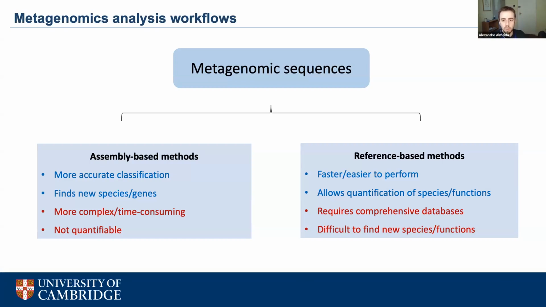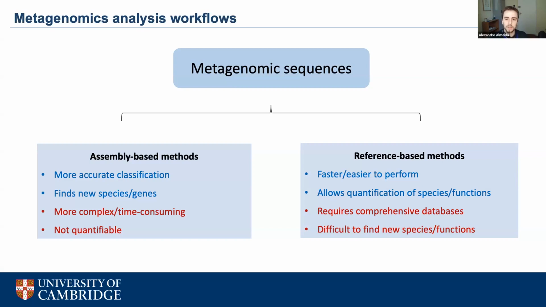They're very valuable because by reconstructing longer sequences, you're able to obtain a more accurate classification of your bacteria. You're able to find new species and new genes that are not represented in reference databases. But a few cons of working with assembly-based methods are that they're usually more complex and time-consuming. There's not one standard pipeline that you can use. You need to consider the pros and cons of different approaches and really think about what question you're asking to make the decision.